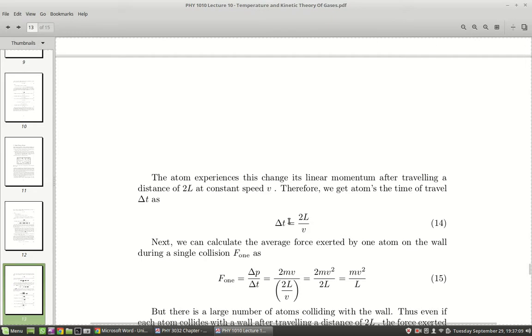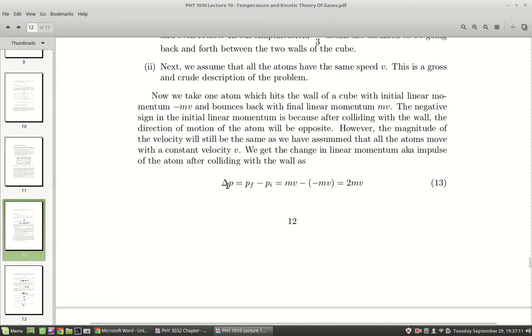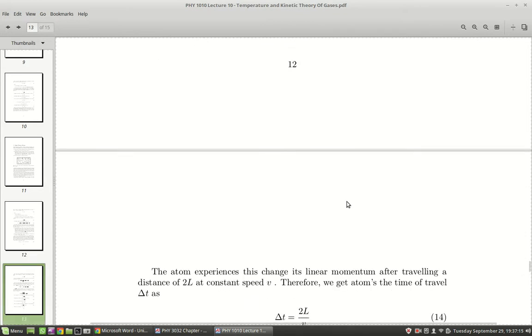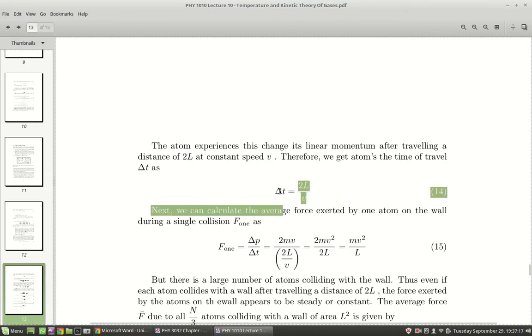With the time and the change in momentum, we can work out the force which one atom exerts on the wall of this cube.